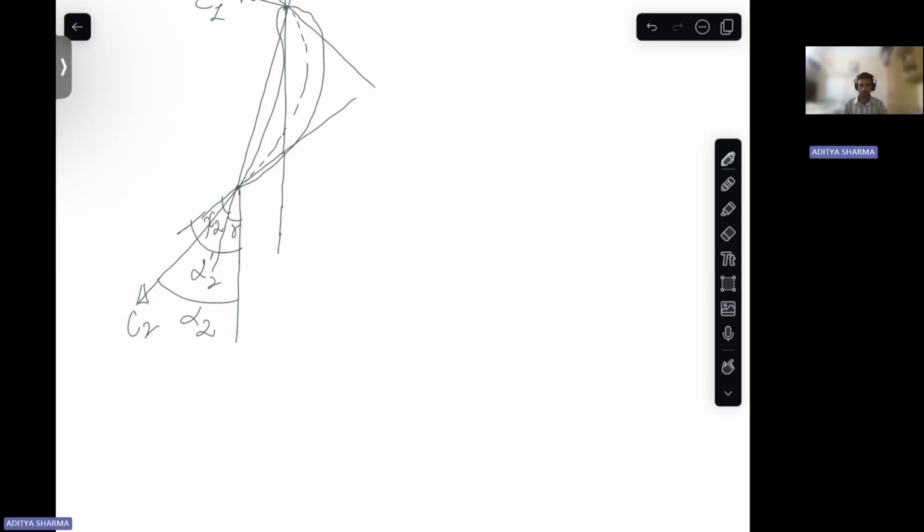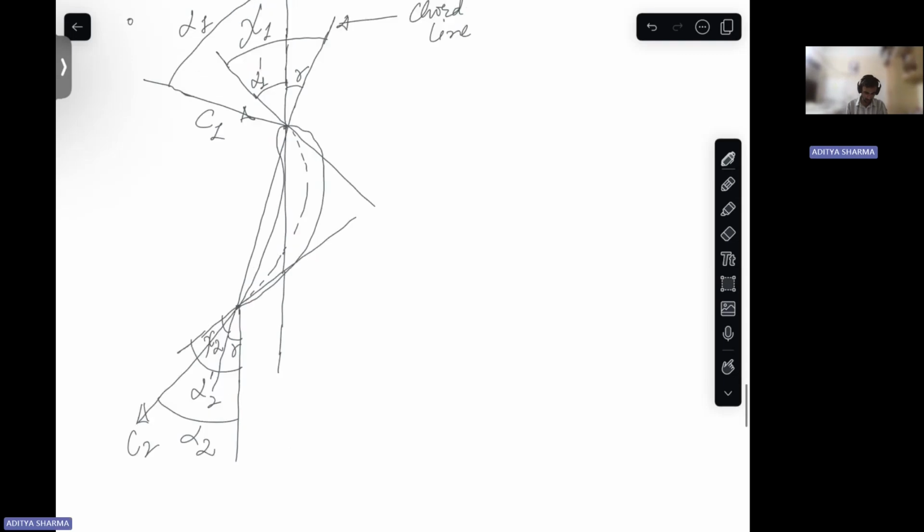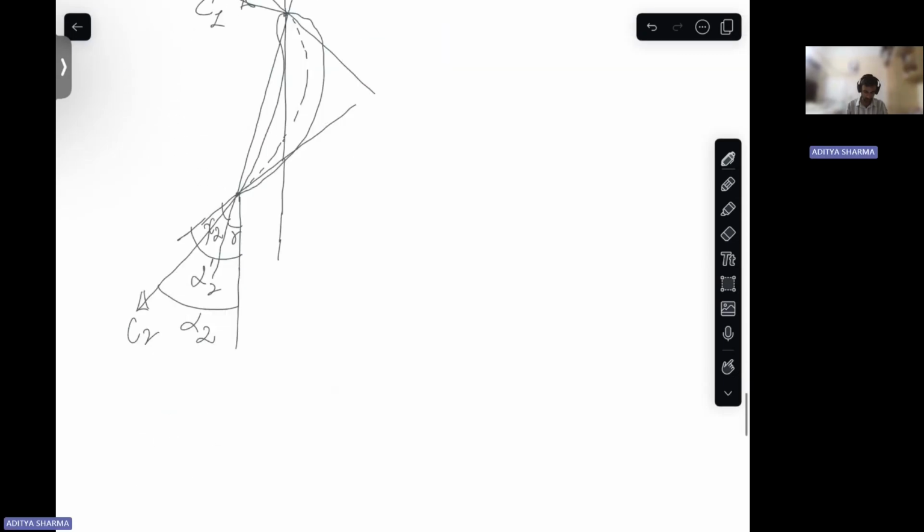Okay, so this is your air angles. Alpha 1 and alpha 2.